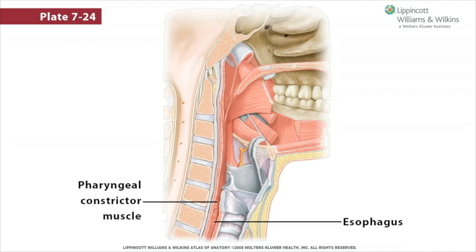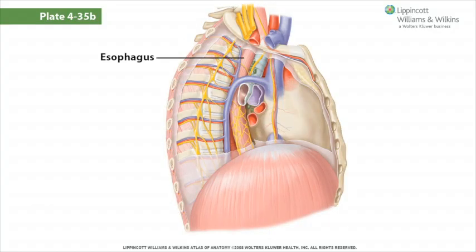The esophagus passes into the thorax through the superior thoracic aperture, anterior to the body of the first thoracic vertebra, and runs through the superior and posterior mediastinum, where the vagus nerves form the esophageal plexus around it.